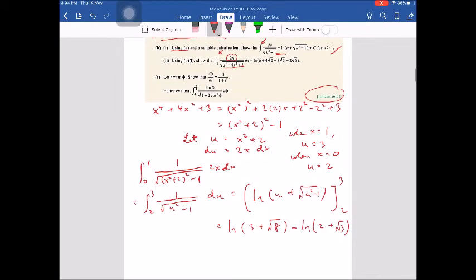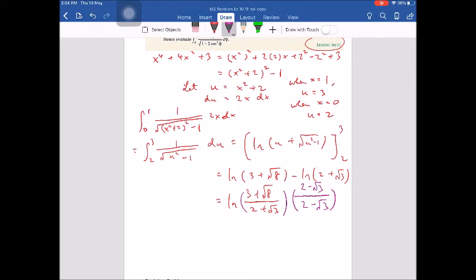Put the 3 inside and then the 2 inside, minus each other. You see that it is different. There are 2 logs here, and in the solution there's only 1 log. So you combine it: log of 3 plus root 8 over 2 plus root 3. Now you should notice that you should multiply by its conjugate, 2 minus root 3.